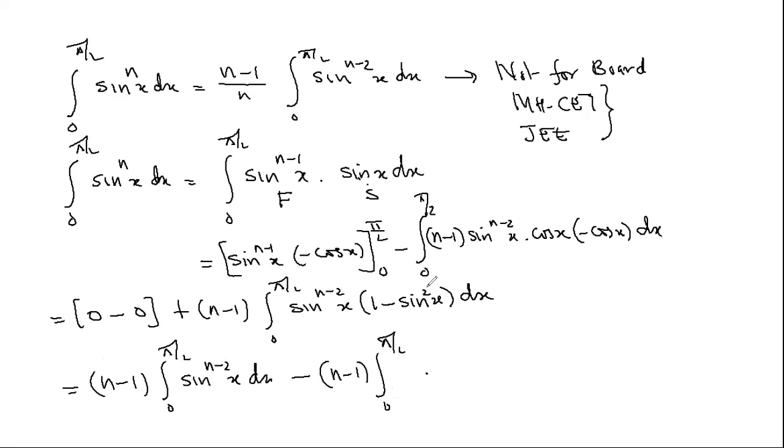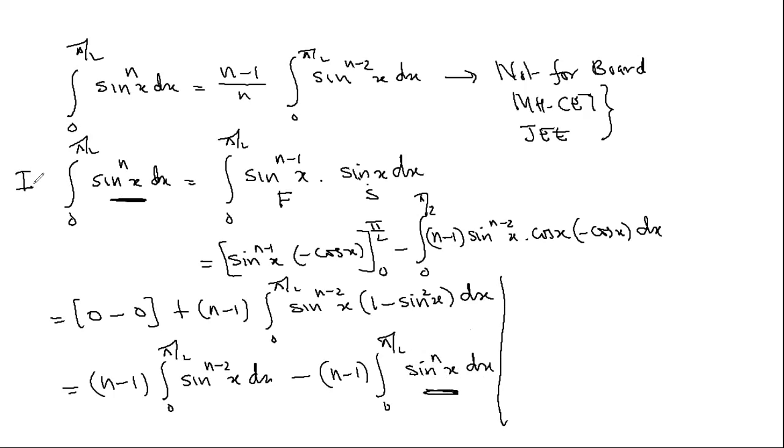Here the power n minus 2 and 2 will get added. Now the left-hand side and right-hand side have the same terms, so you will bring them to one side.